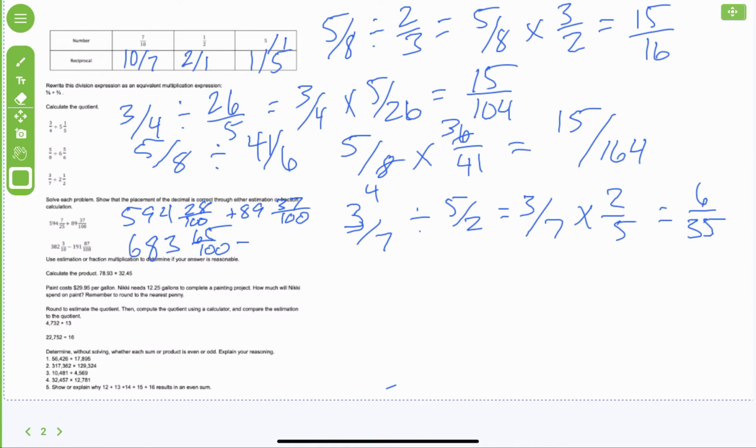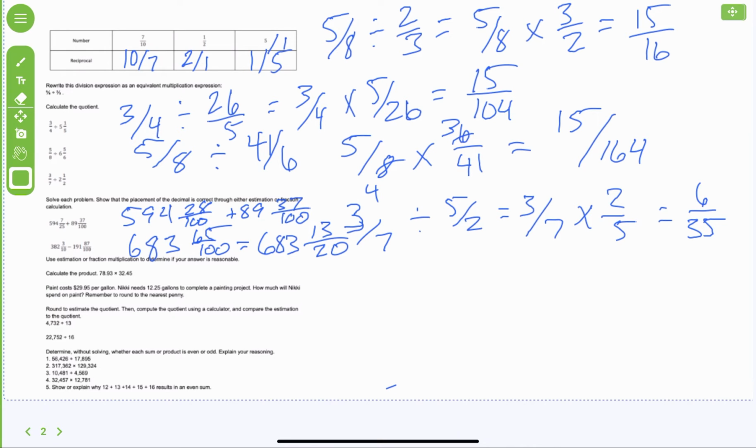And what would that be? Let's go ahead and reduce it. 683, that'll be, is that 13 over 20? 13. 65 divided by 5 is 13. Okay?